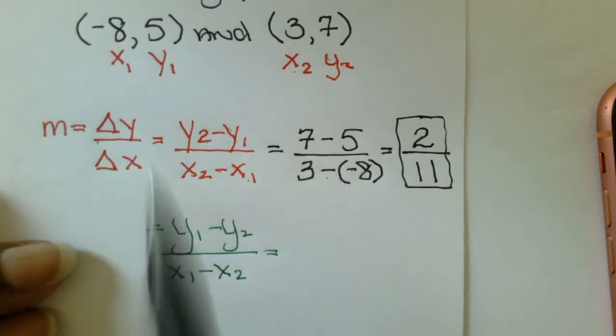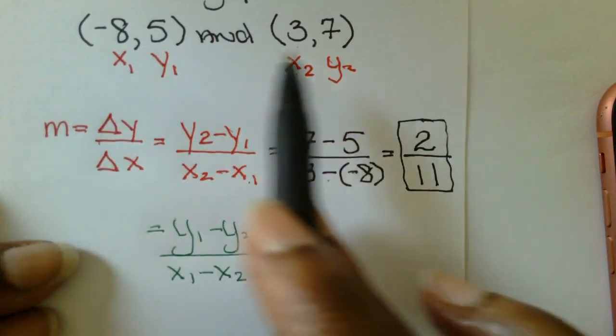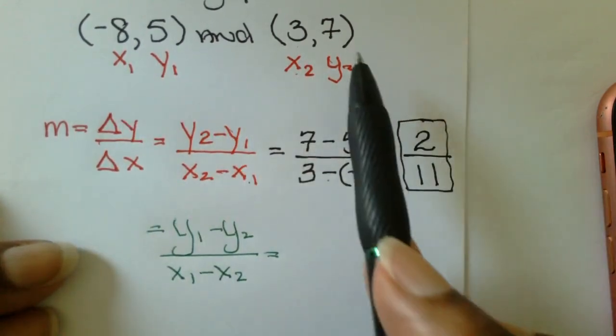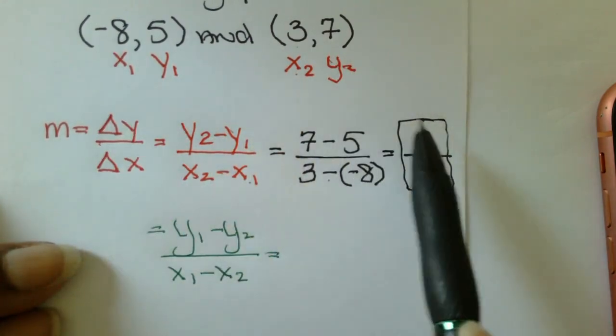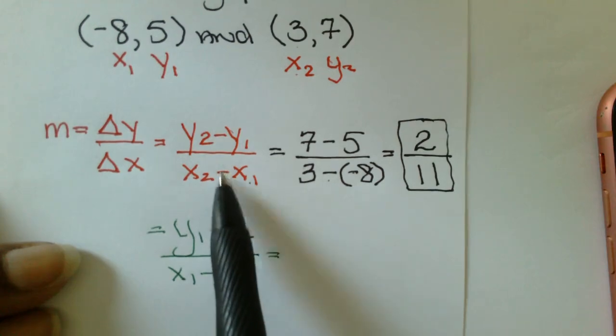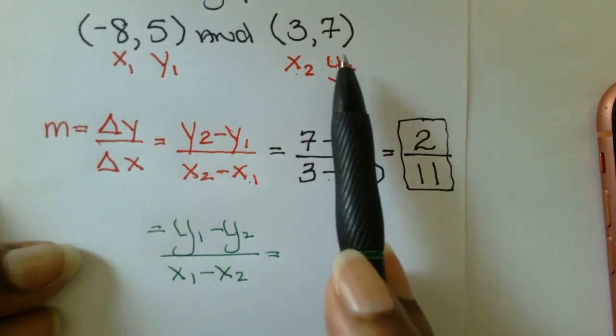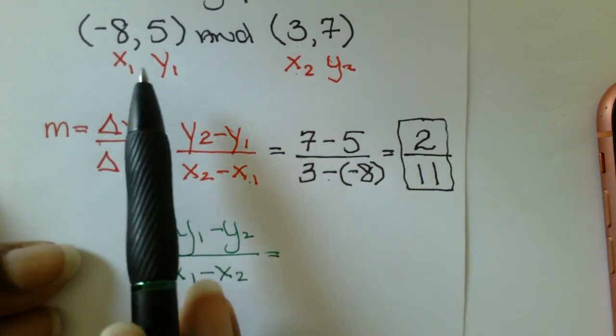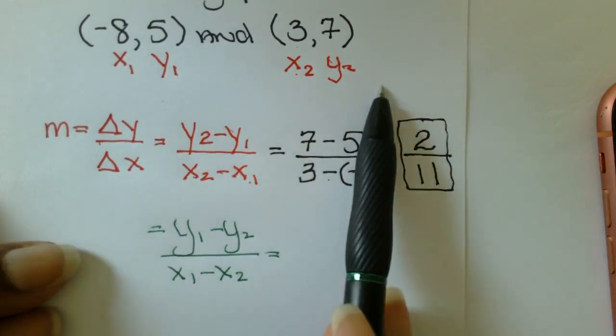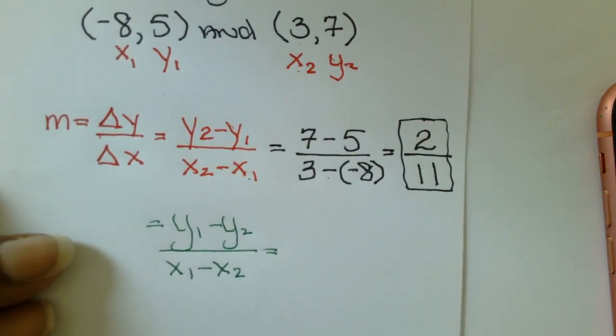So I naturally read from left to right. I know there's a lot of international people that read from right to left, and that's what this formula was designed from. People that read naturally from right to left. But if I read from left to right, will I get the same answer?